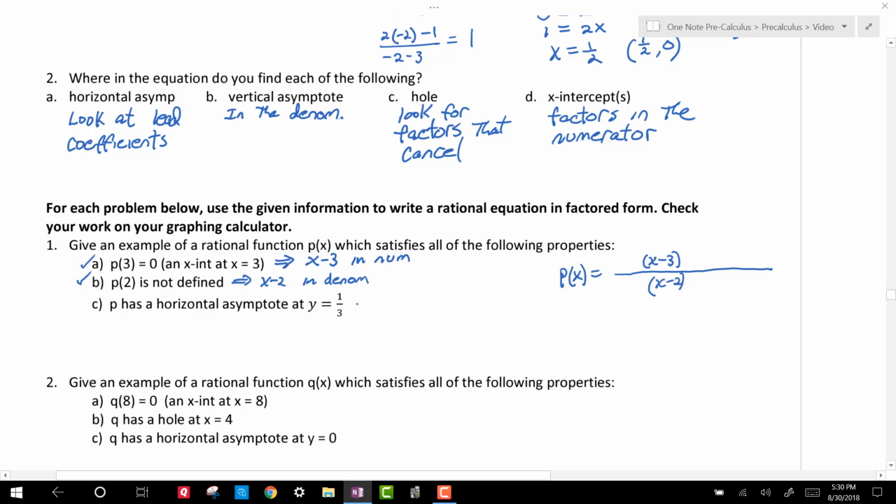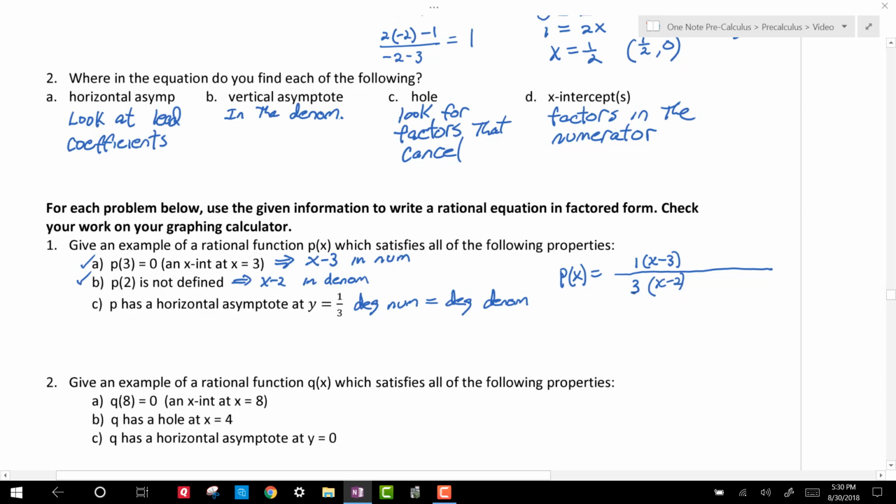P has a horizontal asymptote at y equals 1/3. That means that the degree of the numerator has to equal the degree of the denominator. If I look at what I have right now, I'm looking at x over x. Those are the same degree. So how do I make it 1/3? I put a 1 in front here and a 3 in front here, and now I've got a 1/3.